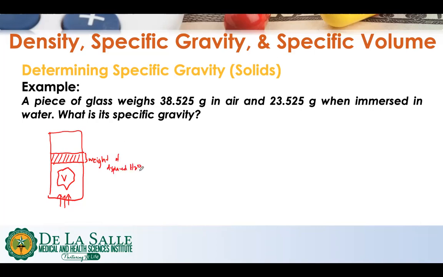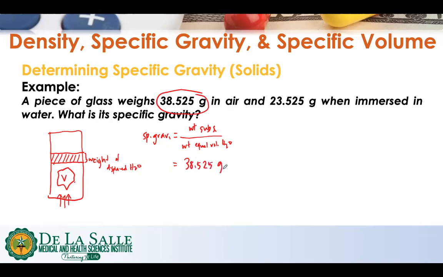The weight of the displaced water is now the weight of an equal volume of water, which is the denominator in determining the specific gravity, which, as you might recall, is equal to the weight of the substance divided by the weight of an equal volume of water. So, by determining the weight of the displaced water by the solid, we are actually determining the weight of an equal volume of water.